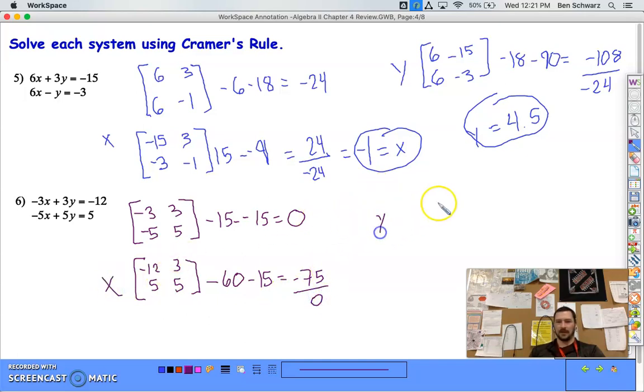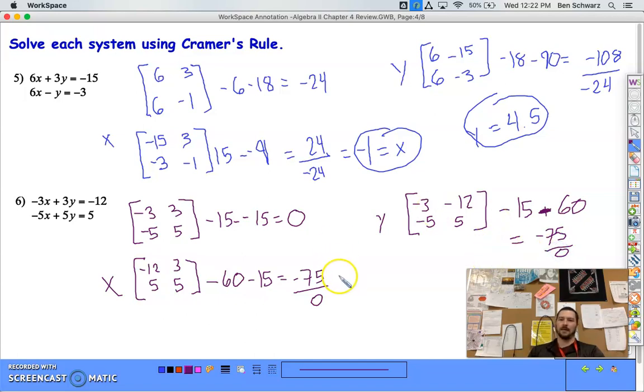Then if we do y, and we replace the second column, so -3, -5, and then -12, 5, we'll get -15 minus, my bad, two negatives, because we get positive, so -60. It's also -75. So since we don't have any 0 over 0s, this is no solution.